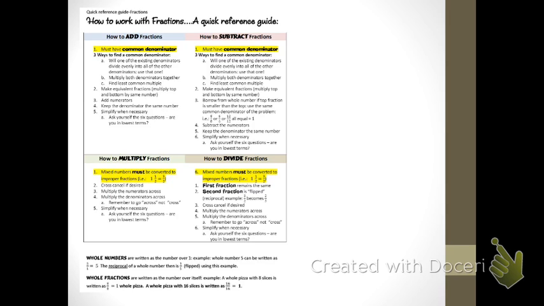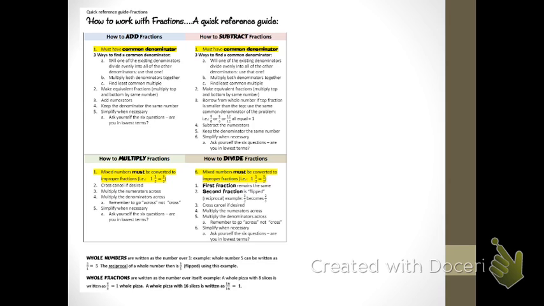The major rule here for multiplying and dividing is if you have mixed numbers, they must be converted to improper first. If you try to multiply these fractions without doing that, you'll never get the right answer. So make sure that you follow that first instruction.